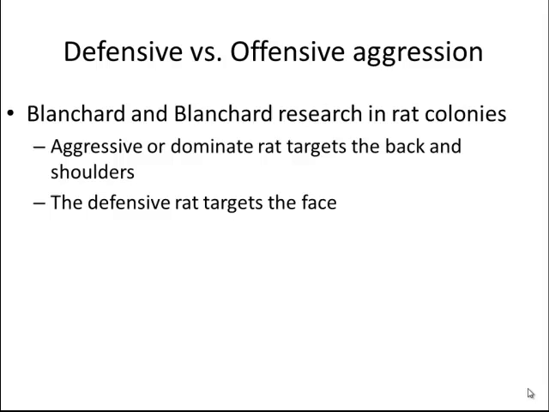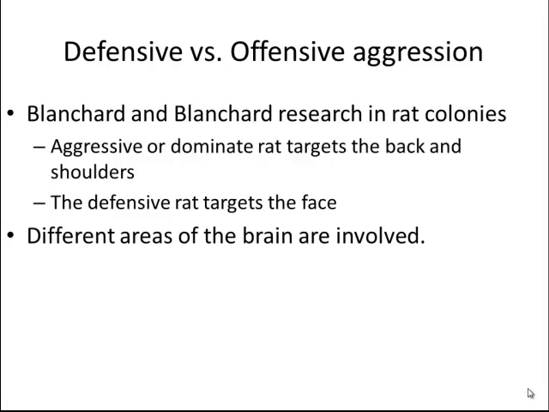So these are ways of looking at differences just on the behavioral components. We also know that different parts of the brain are involved in offensive aggression and defensive aggression. There are a lot of different motivations going on here, and we also see different parts of the brain involved, especially in an area called the periaqueductal gray.